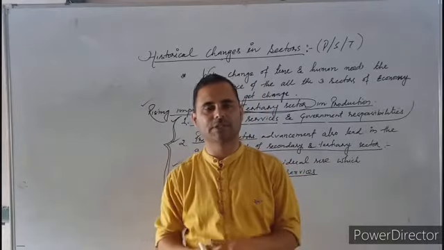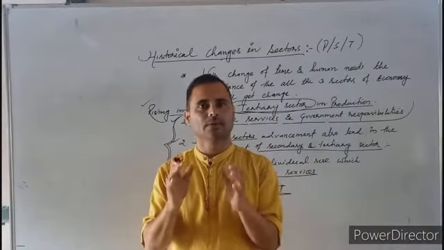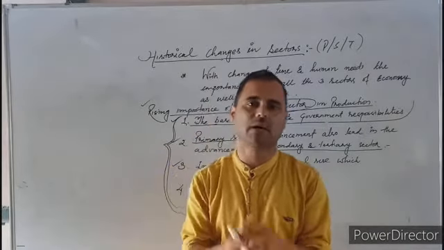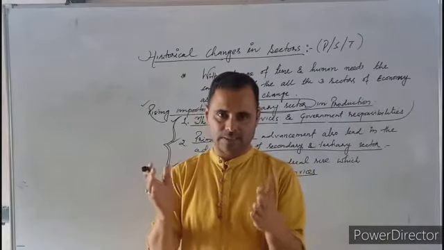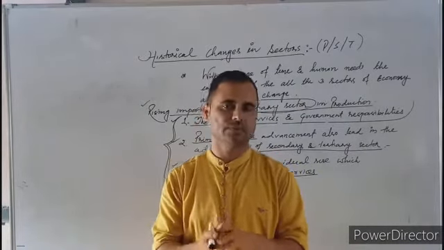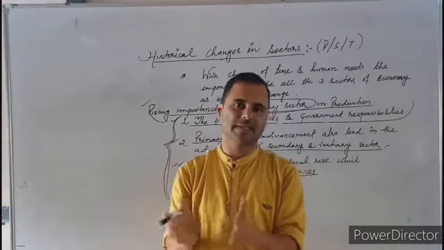So this is what we try to understand, or I tried to explain to you in this video. So let us summarize the chapter, how we have started. So first we started with what is economy. We have discussed, or I have tried to make you understand, what is economy.